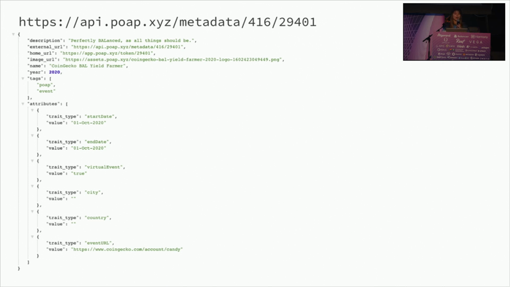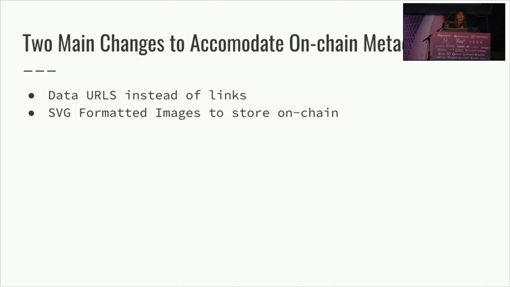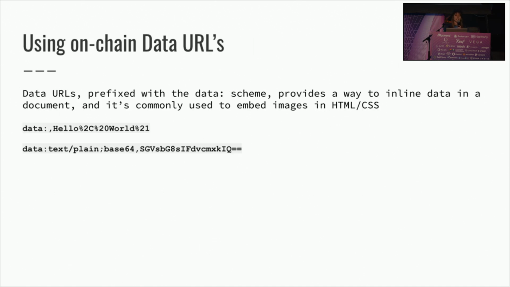There are two main components that we can switch up to get this stuff from external servers to on-chain. One of them is using data URLs instead of links that point elsewhere. The other is SVG formatted images that can be efficient enough to store on-chain. First, using on-chain data URLs.